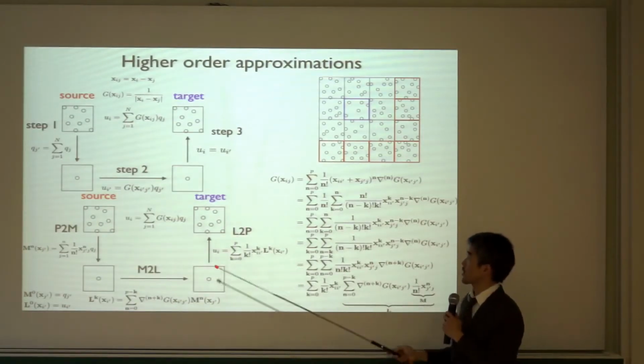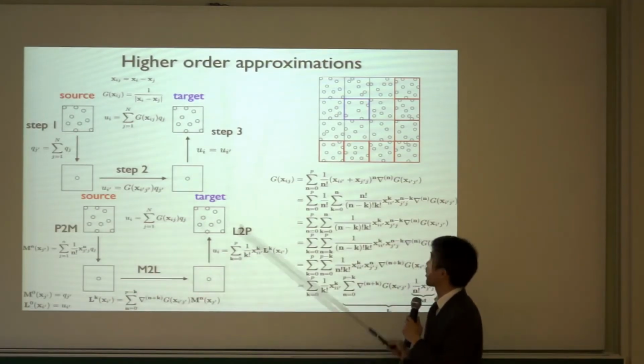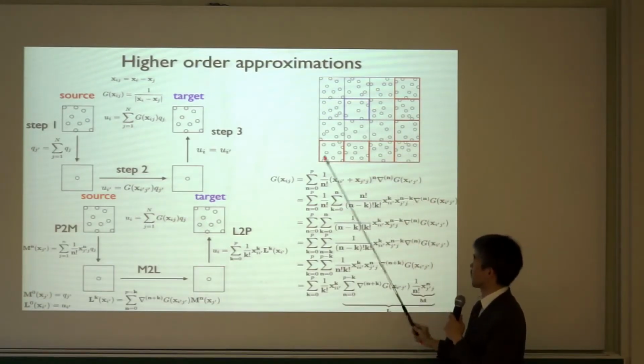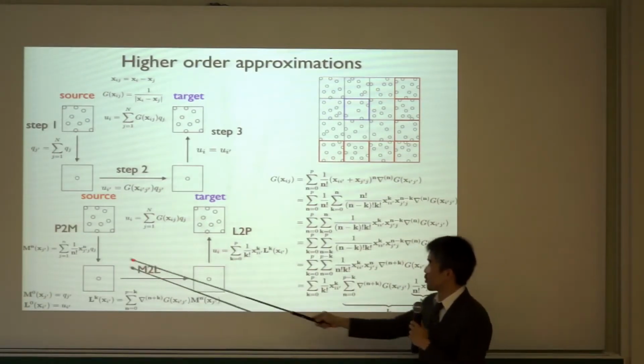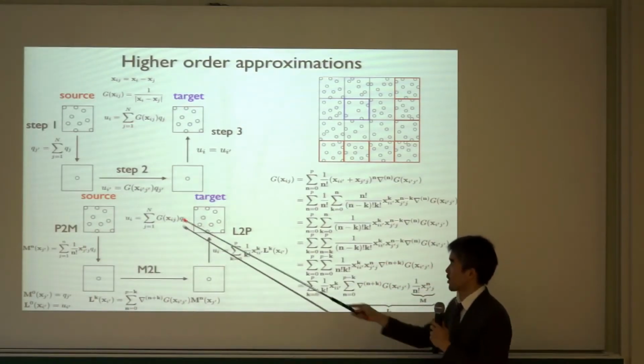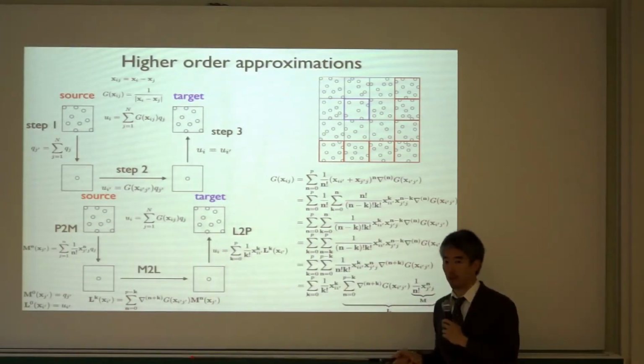So this is just one level. When you actually program this, you are doing this between this blue box and red box. You do these three steps, P to M, M to L, and L to P, instead of doing this one and this one. We'll do this gradually in the hands-on.